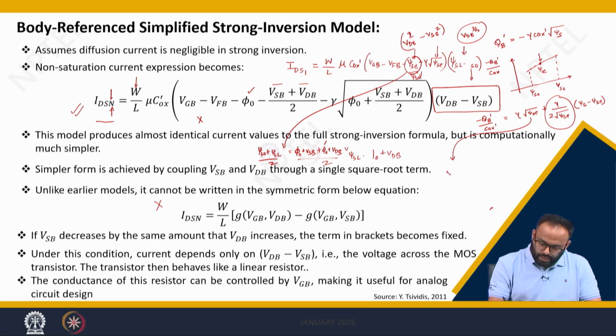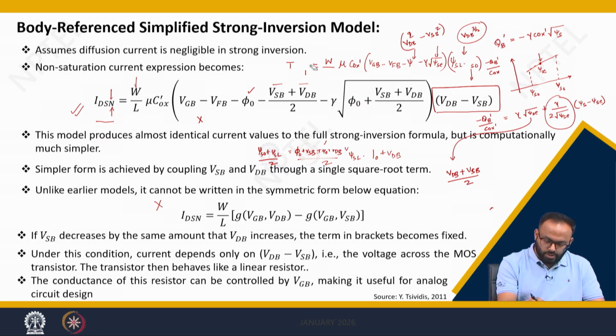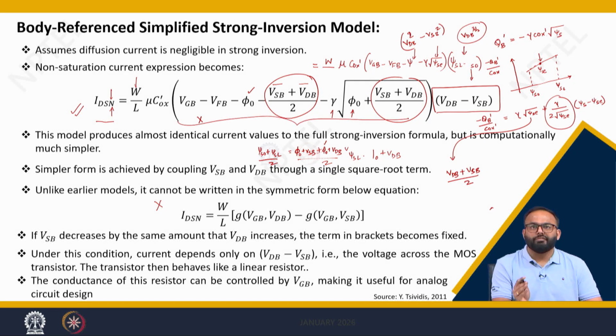Let us consider that VDB and VSB change in opposite directions in such a way that the mean is not disturbed, and hence the value written in this parenthesis is almost constant, because we are assuming this is not changing, this is constant. So this parenthesis value is only dependent on VGB.